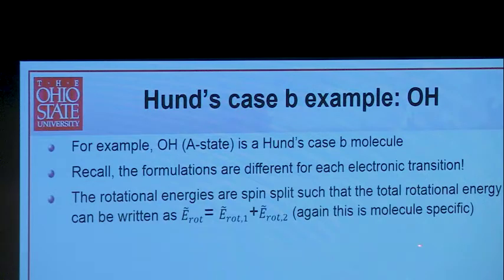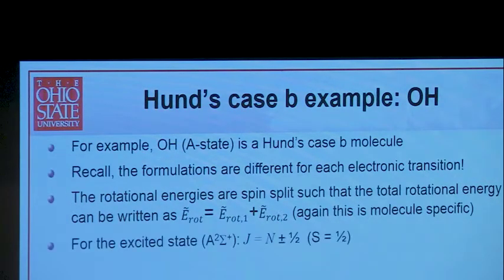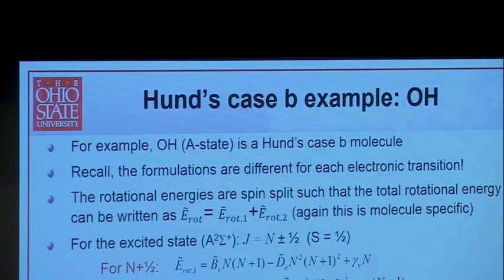The rotational energies are spin split. Remember, some of these are degenerate, so they split. So now we have to write the rotational energy for each spin component, and what we're writing here only holds for OH. For the excited state, our spin number is 1/2, so the quantum number J is N plus or minus 1/2.